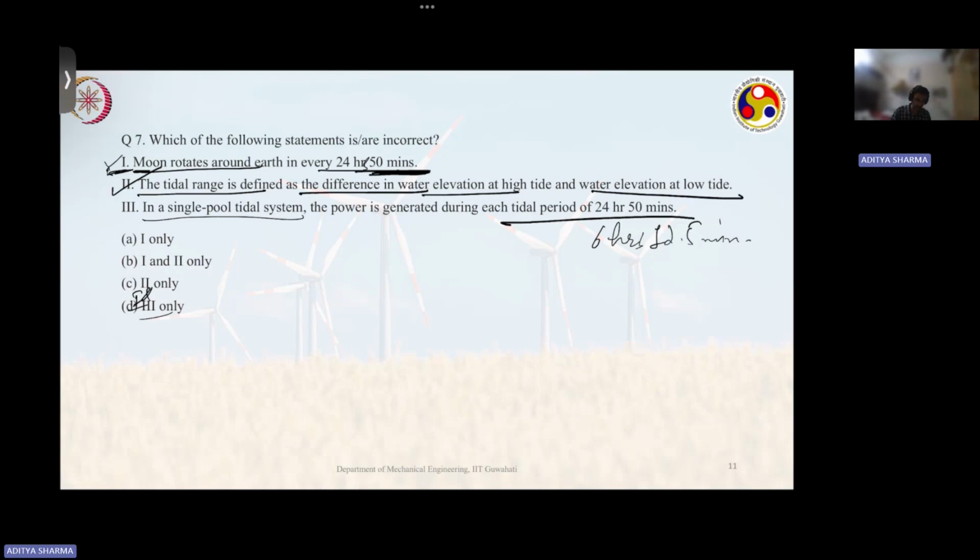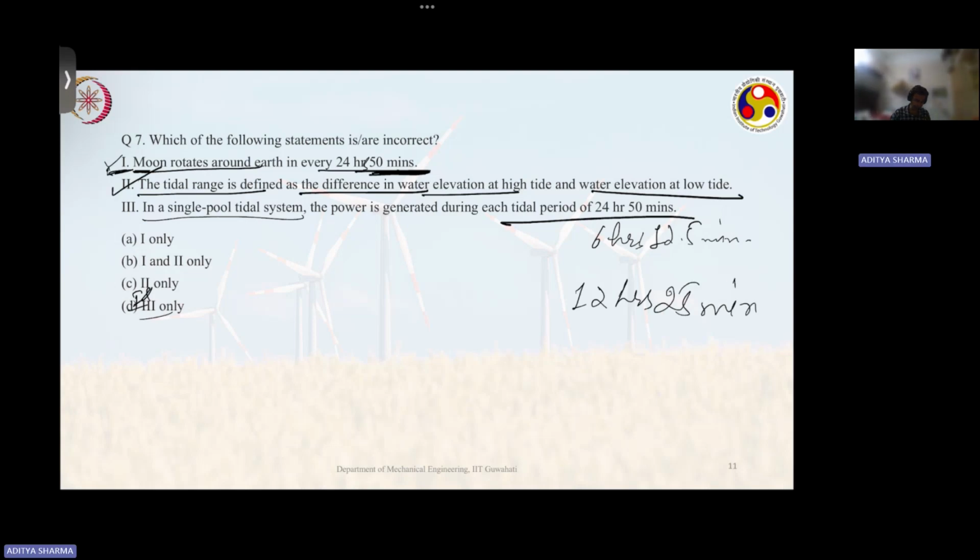The third statement is: in a single pool tidal system, the power is generated during each tidal period of 24 hours 50 minutes. That is not true, right? Between one high tide and one low tide, we have 6 hours and 25 minutes. Then for another cycle, you have to again get to high tide, which again takes 6 hours 25 minutes. So in total it becomes 12 hours and 25 minutes.